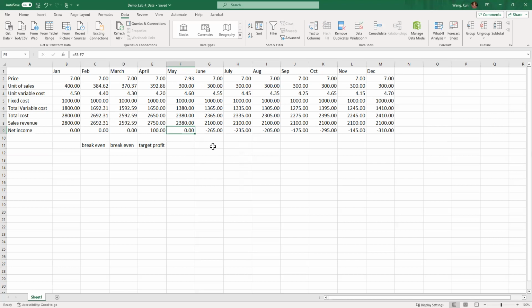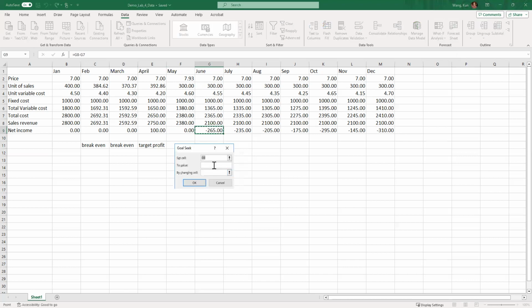And then let's try another one for June. Maybe this time I'm setting up a profit of 100. But this time I'm looking for, is there any way I can refine my unit variable cost? If I decrease my unit cost, I can enjoy some profits.